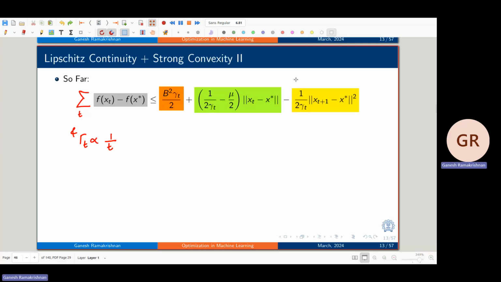See, because when you sum, you look at 2 gamma t minus 1 multiplied by xt. 1 by t plus, correct.